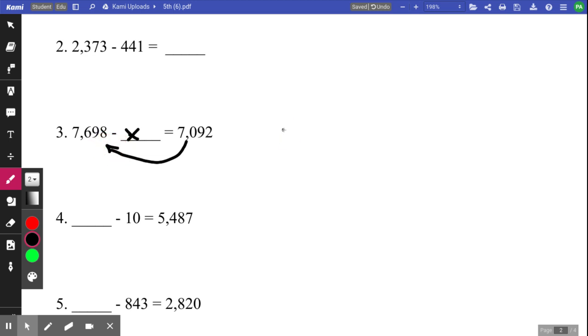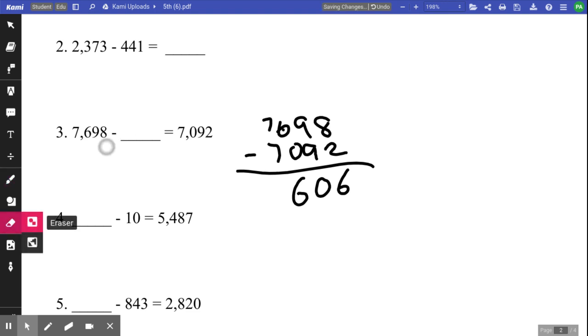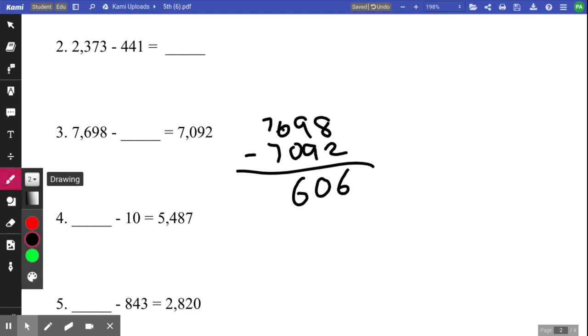So let's try it. 7,098 minus 7,... So 8 minus 2, 6. 9 minus 0. 9 minus 9 is 0. 6 minus 0 is 6. 7 minus 7 is 0. So now that we found this missing blank, the answer is 606. And if you subtract these two, this is the answer you would get.